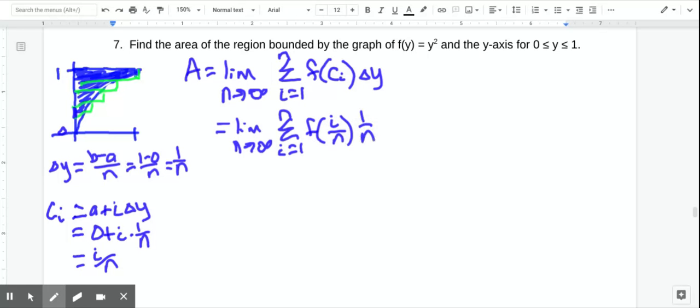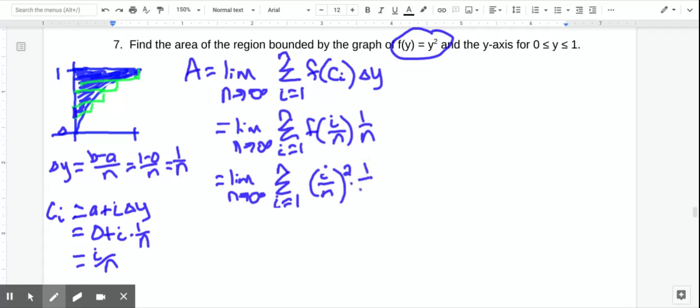All right, so now what we want to do is plug in f of i over n. Okay, here's our function, so we're going to plug i over n into our function. So we get i over n squared times 1 over n.